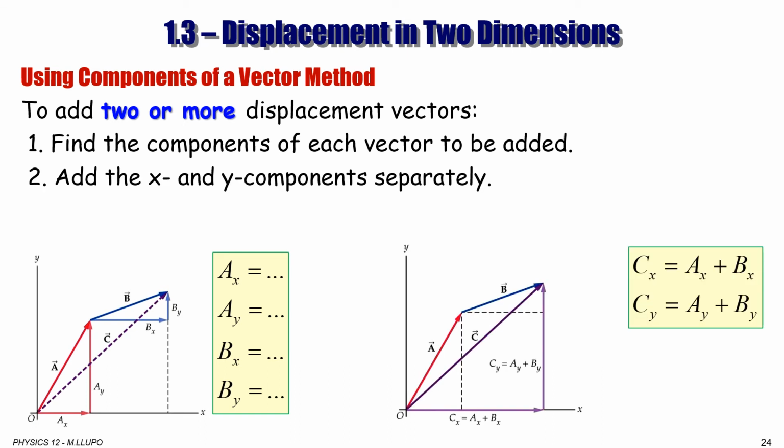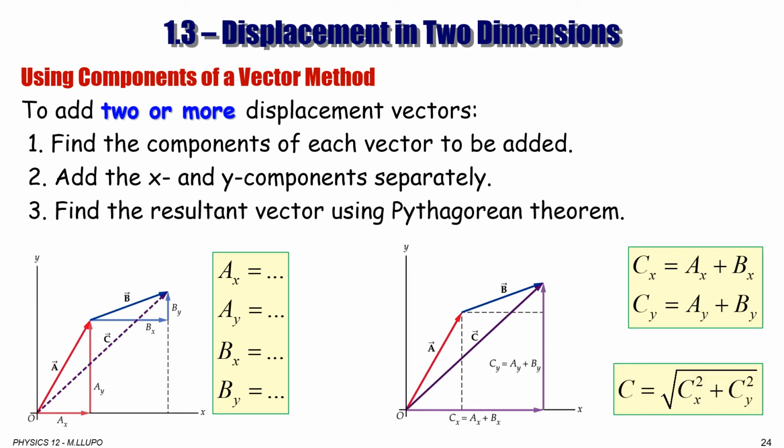Then the next step is adding the x components and y components separately. So we find Cx is equal to ax plus bx and Cy is equal to ay plus by. And then the last step is using the Pythagorean theorem to find vector c, which is the square root of cx squared plus cy squared.